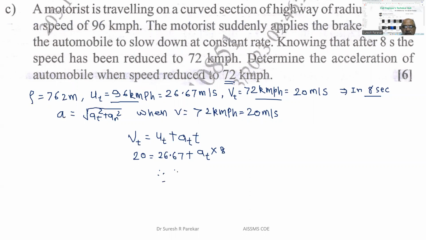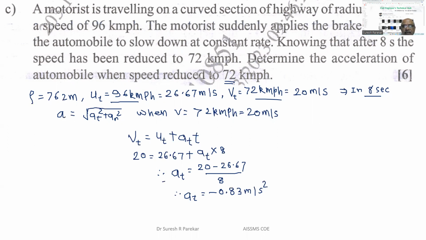And therefore we will get at is equal to 20 minus 26.67 upon 8, and we will get the value of at equal to minus 0.83 meters per second square.